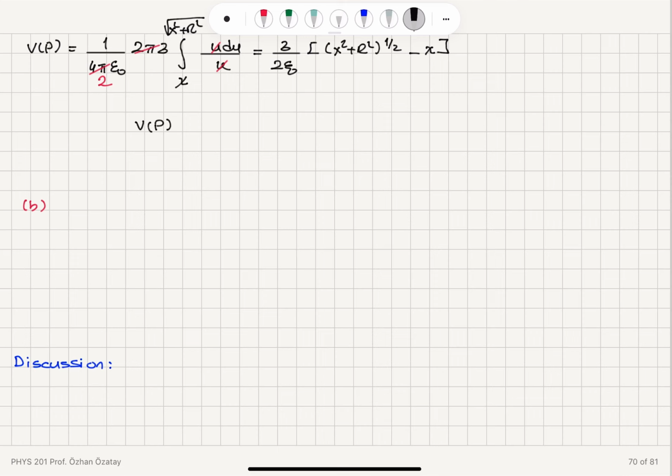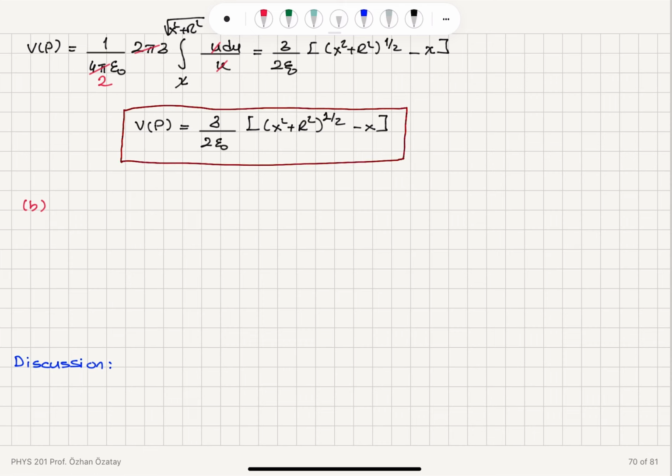Potential at point P is sigma over 2 epsilon 0 times x squared plus capital R squared to the power 1/2 minus x. So that's the final answer for part A of the question, potential at point P.